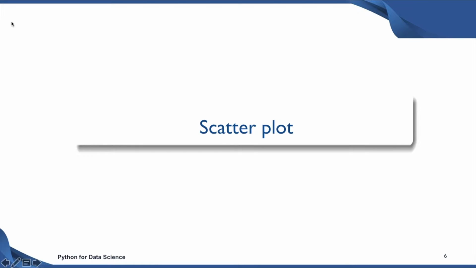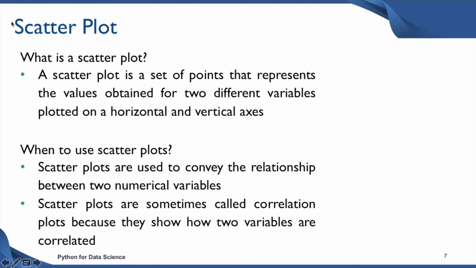Let us discuss what a scatter plot is. A scatter plot is a set of points that represents values obtained from two different variables plotted on a horizontal axis and a vertical axis. Suppose we wanted to convey a relationship between two numerical variables x and y. We want to see how these variables are represented graphically, whether, if x increases, y also increases, or if x decreases, y also decreases, or vice versa, if x increases, y decreases.